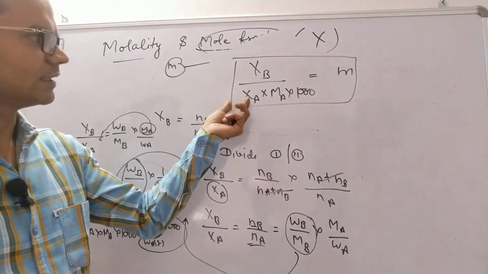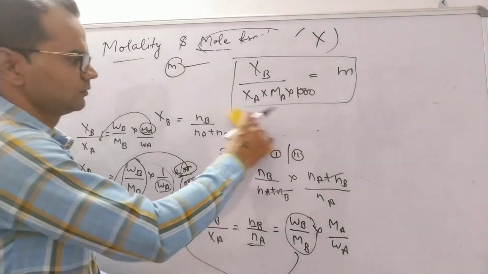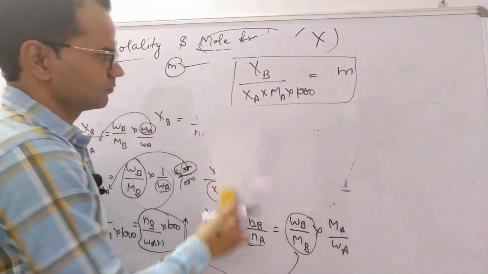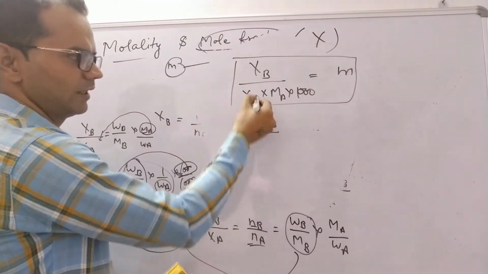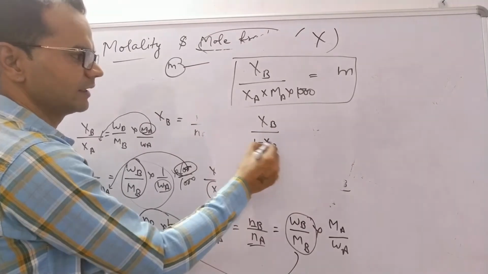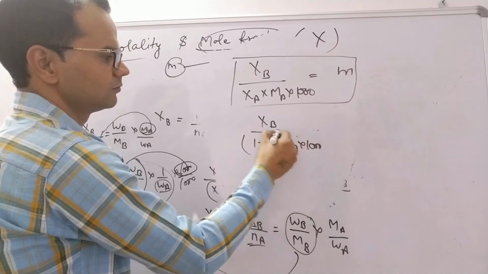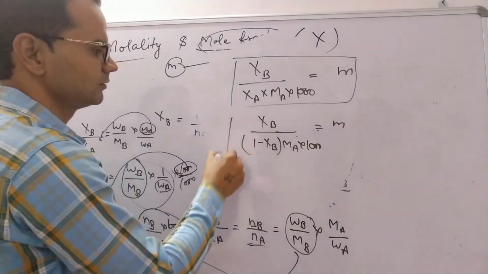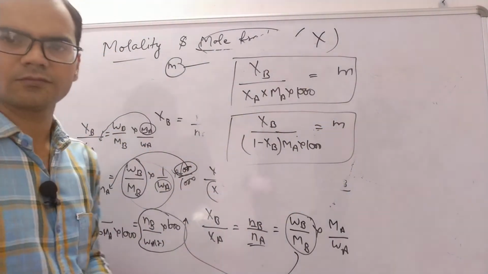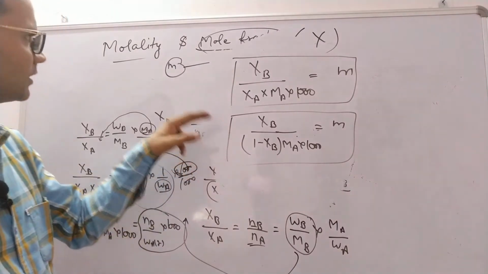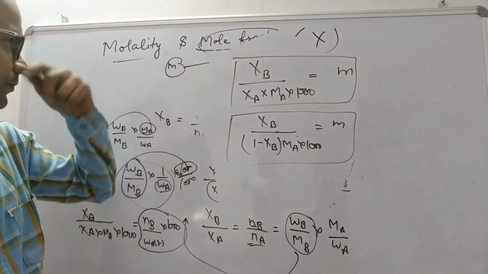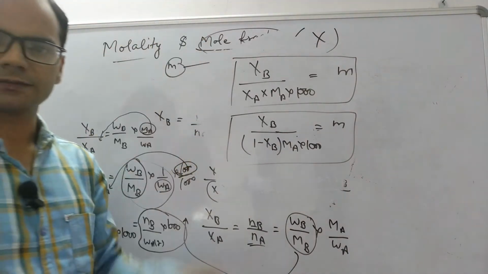You can change Xa in terms of Xb also. Xa can be written as 1 minus Xb, so Xb by (1 minus Xb) into Ma into 1000 equals molality. Clear? This is the relation of molality and mole fraction.